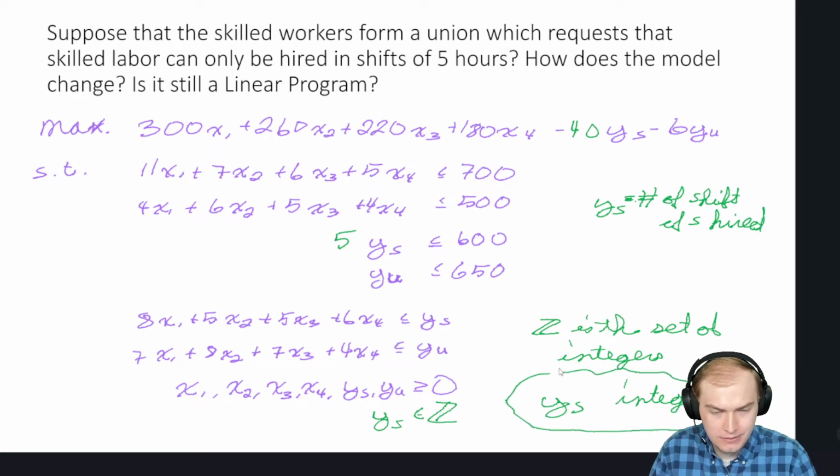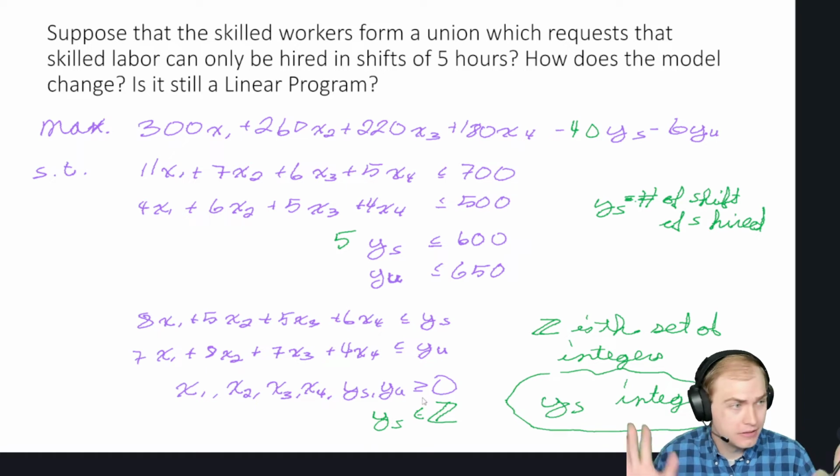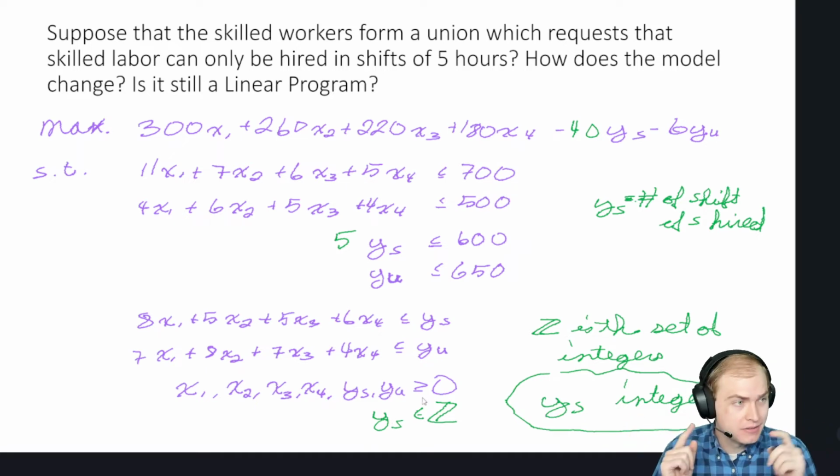There are many ways to express some of these small little minutiae that some people care about. But it is important that we do express in some manner that ys has to take an integer value.